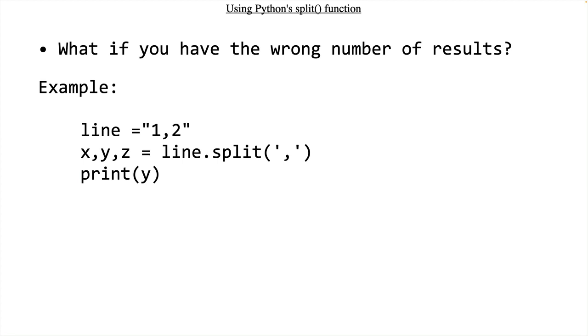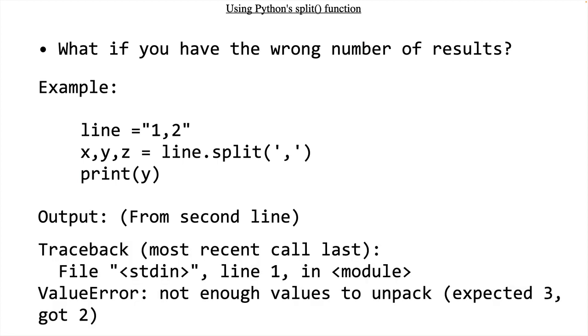Python does not do that. The second line of code, where it splits line into 2 values and tries to put it into 3 variables, is going to raise a ValueError exception. It's going to say it expected 3 values but only got 2, and your program is going to terminate execution. That's not something we want to see when we're running our program.